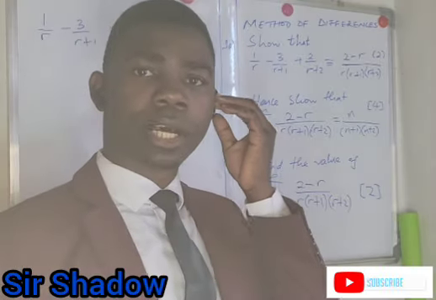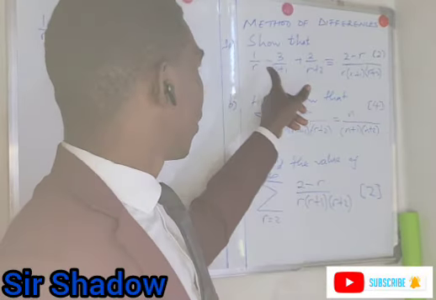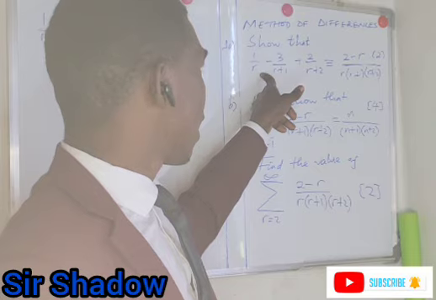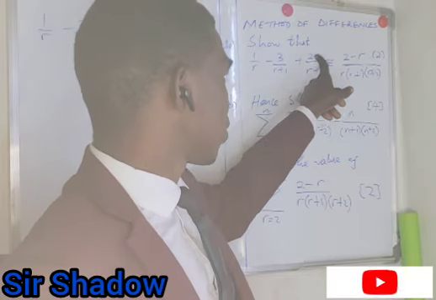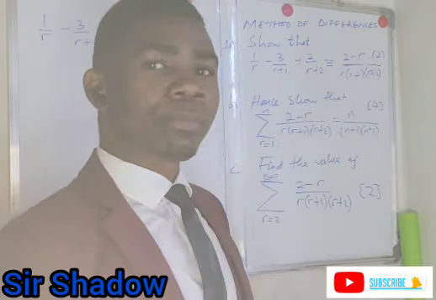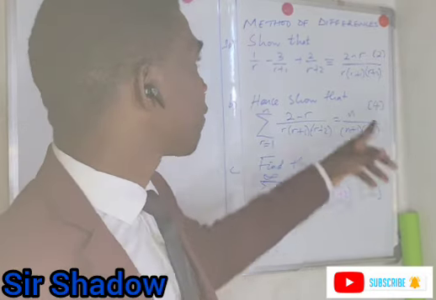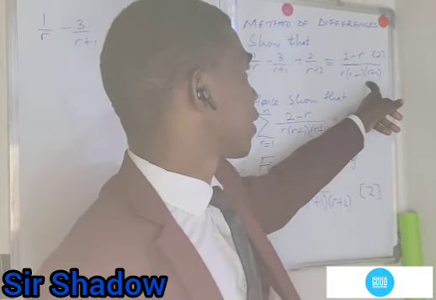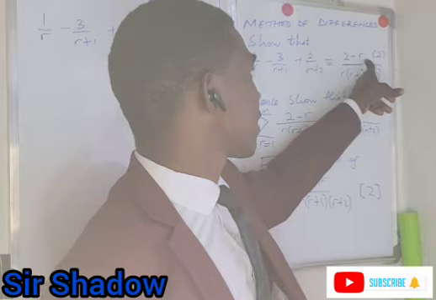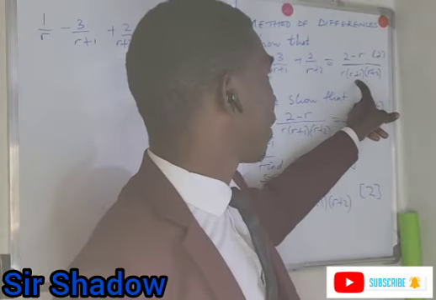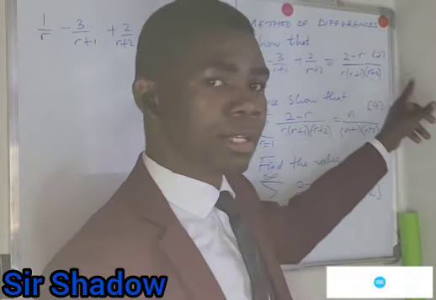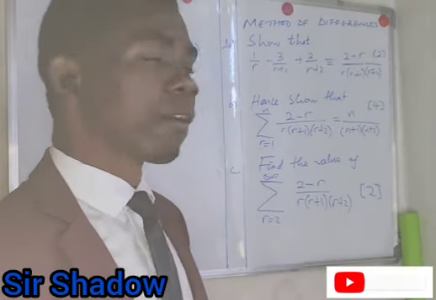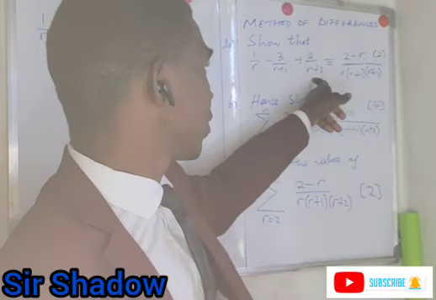If you check this question very well, 1 over r minus 3 over r plus 1 plus 2 over r plus 2 are the solutions after partializing. If you partialize 2 minus r over r open bracket r plus 1, r plus 2 using the linear factors, this is your solution.